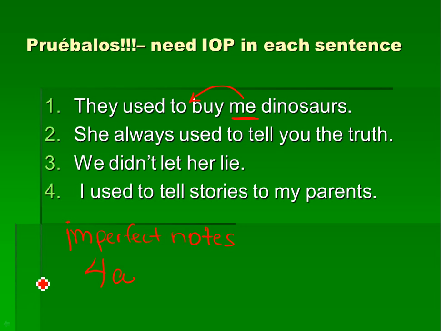And you can always pause the video if I'm going too fast. Number 2, she always used to tell you the truth. Who did she always tell the truth to? You. So there's your indirect object, and it's a pronoun because it's you. So that should go in front of your verb, which is used to tell.